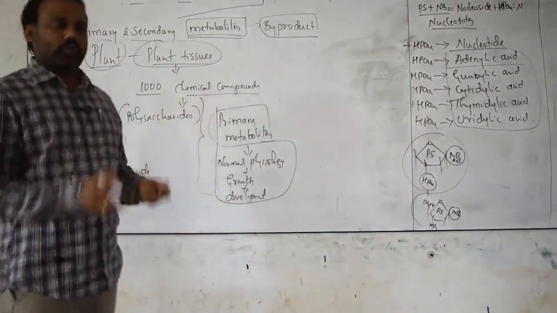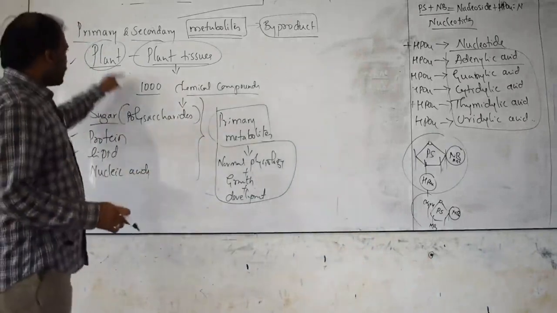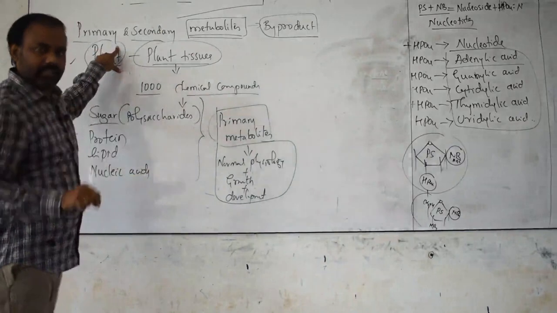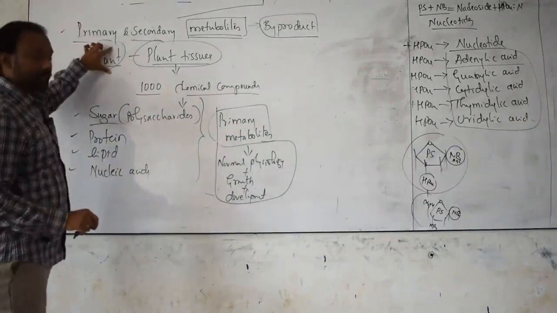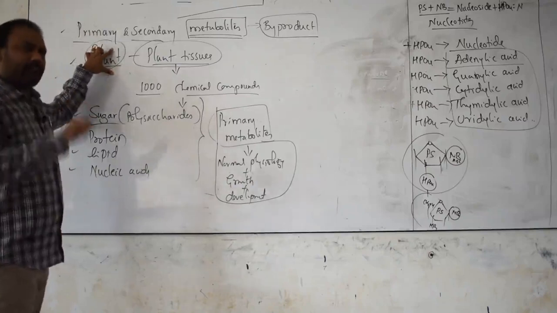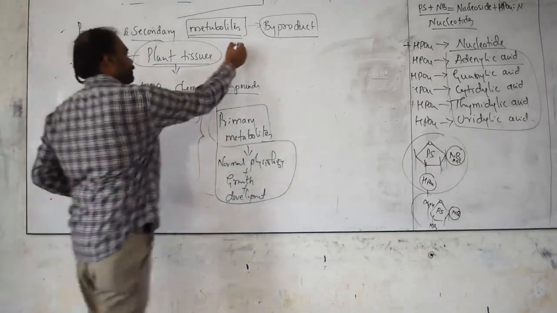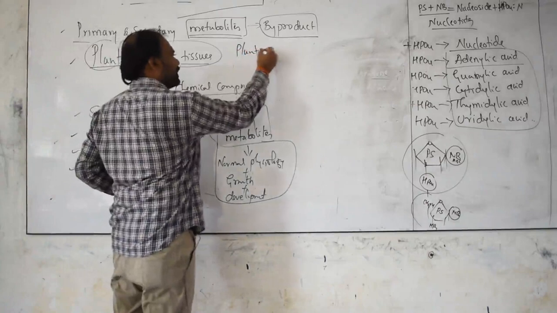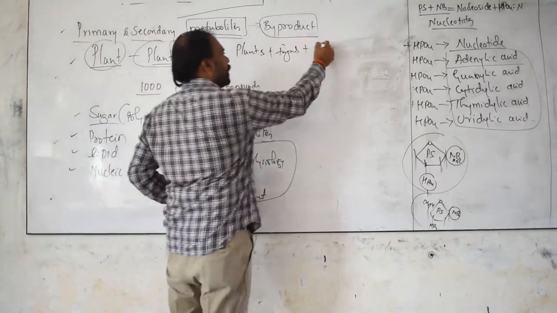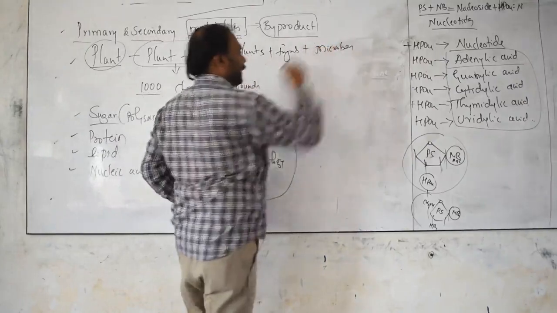Very simple. Those chemicals synthesized by the plant body which are directly involved, please note it, write down. Those chemical compounds which are synthesized by the plants, not only plants, plus fungus plus microbes, clear?